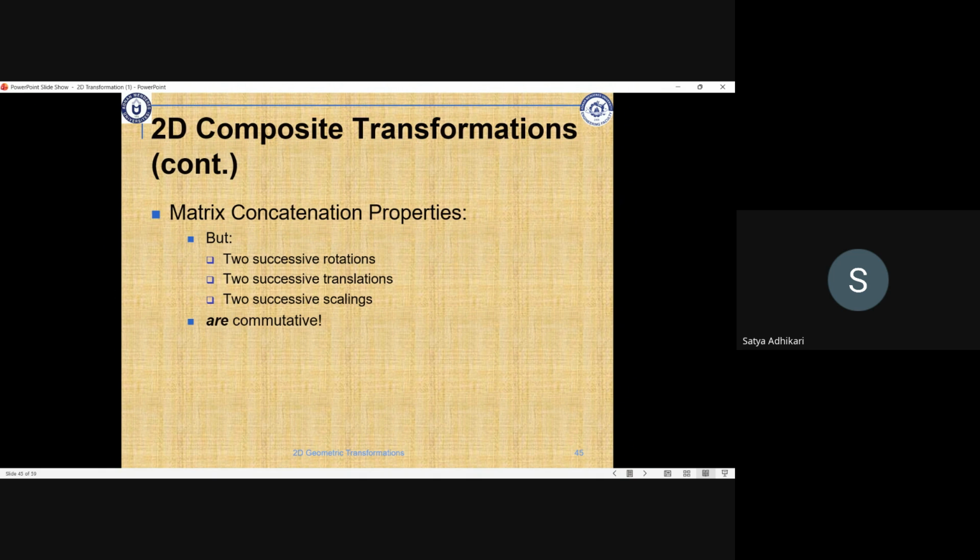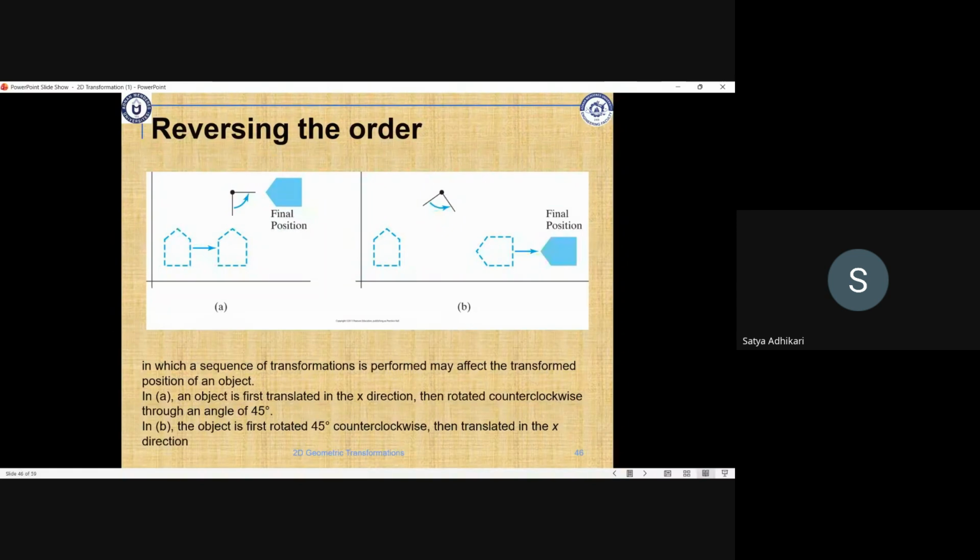Matrix concatenation property: two successive rotations, two successive translations, two successive scalings are commutative. Let us see. This is a tricky question. Are two successive translations commutative or not? For example, suppose there are two translations, translation 1, translation 2.